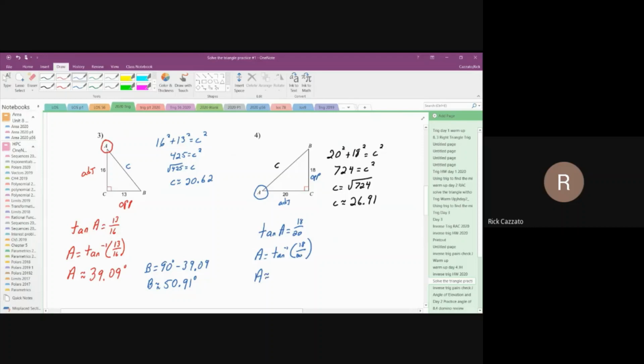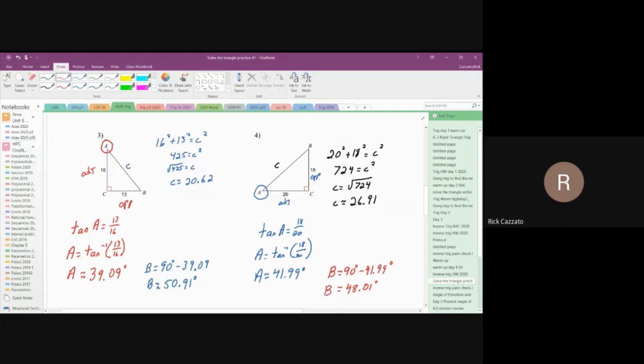A is approximately 41.99 degrees. And then since A and B add up to 90, angle B is equal to 90 minus 41.99 degrees. So angle B is around 48.01 degrees.